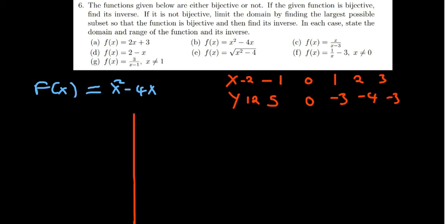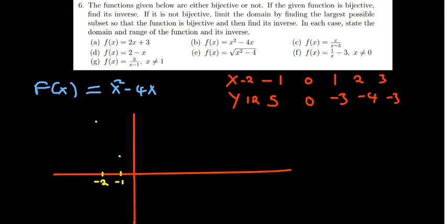So if you have to come up with a graph, the first point we have is negative 2 comma positive 12. That is too big. Somewhere there. Then we have negative 1 giving us something like 5, right? Somewhere there.